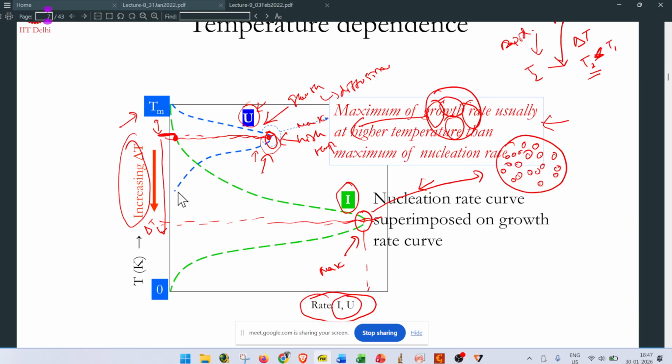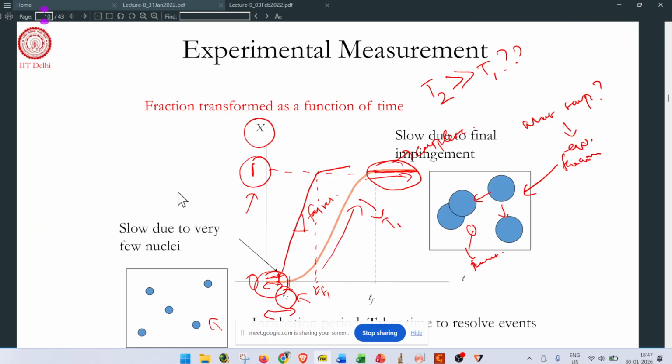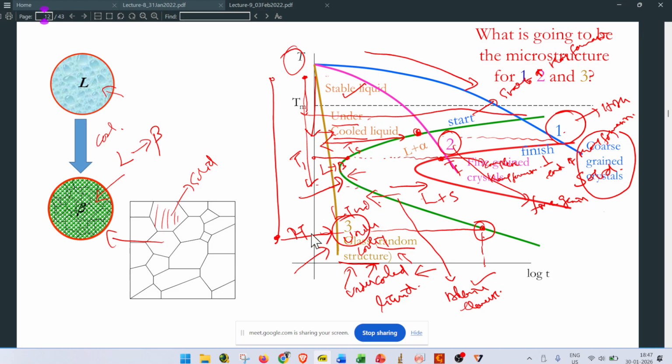But in case of this pink color curve, it touches at a lower temperature compared to this one, so the nucleation rate is much higher and the time is less. From the x-axis point of view, it is very small, so more nuclei and less time give a finer microstructure.